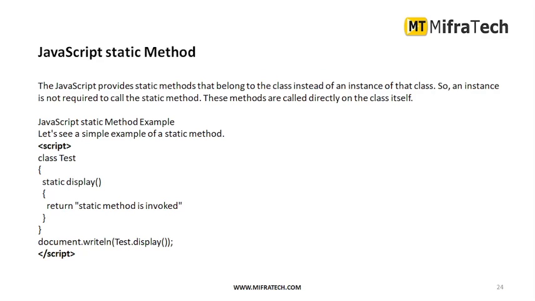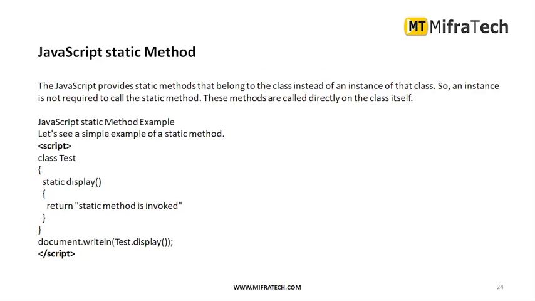JavaScript static method. JavaScript provides static methods that belong to the class instead of an instance of that class. So an instance is not required to call the static method. These methods are called directly on the class itself. In JavaScript static, we are calling a static method in the class itself.